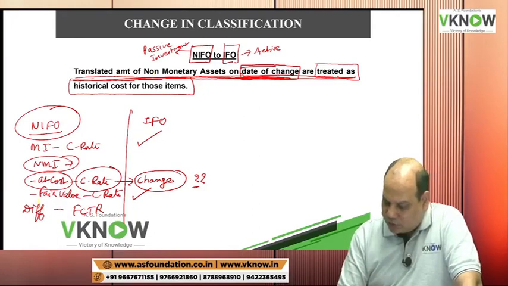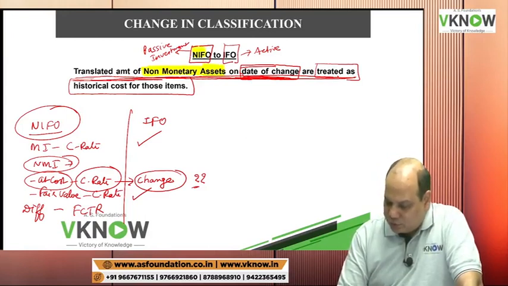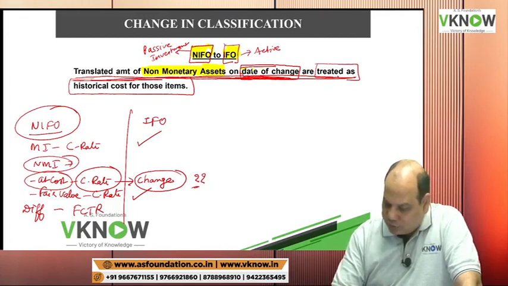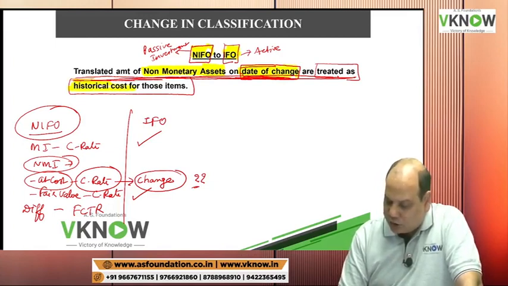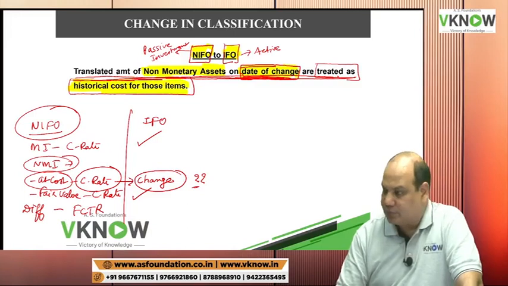Suppose I have a land. Earlier it was NIFO. Now we have shifted to EFO. So what will happen? Whatever is the exchange rate on the date of change, that will become the historical cost for those items.